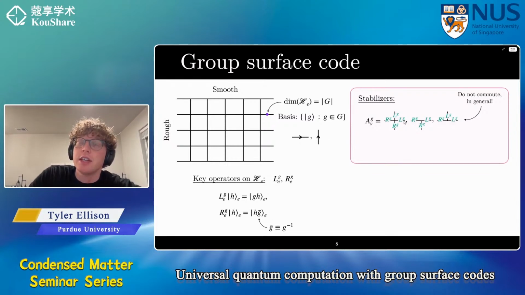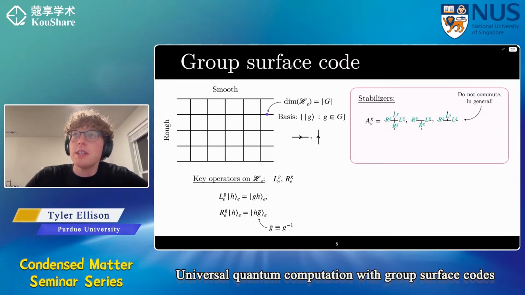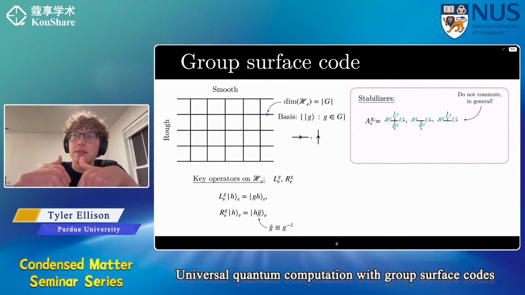So L_g if the edge points away from the vertex, R_g if the edge points towards the vertex. Note that in general, these do not commute, because we can consider a non-abelian group. They'll commute at neighboring vertices, but they'll fail to commute at the same vertex. A_V^g and A_V^h might not commute.